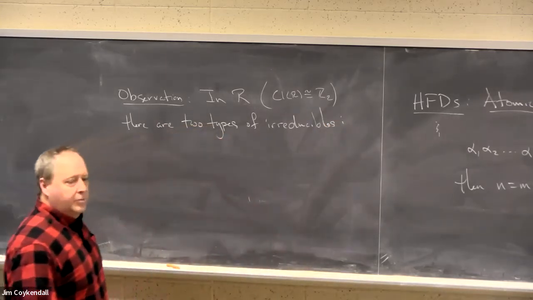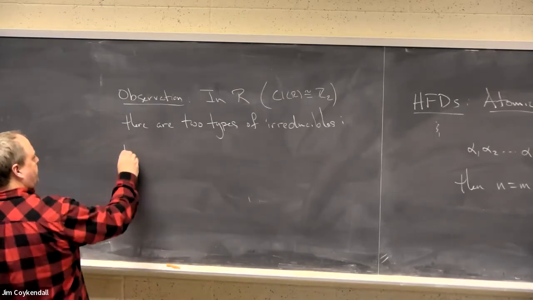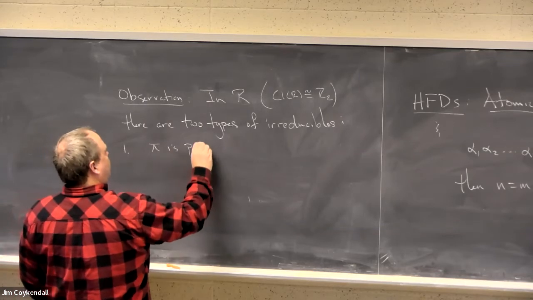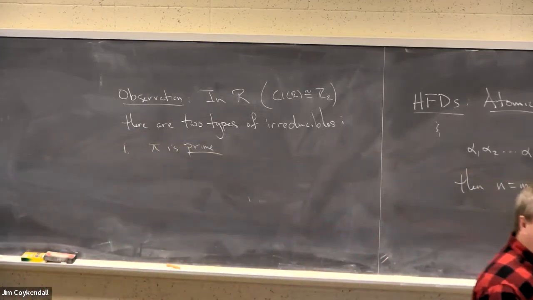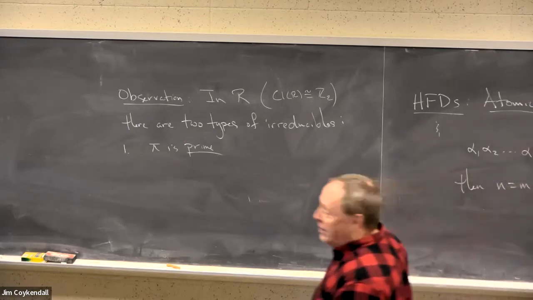And I'm going to go through this because afterwards I'm going to show how you extend this idea. Well, one type of irreducible might be prime. And there's only one other type.